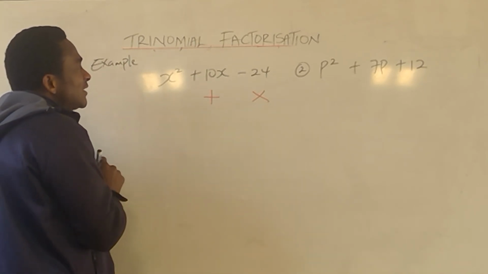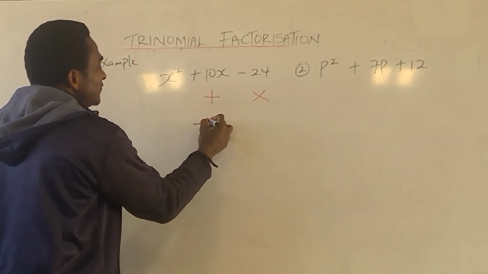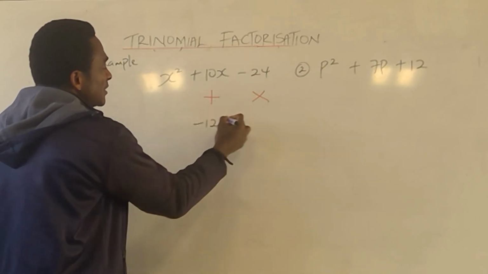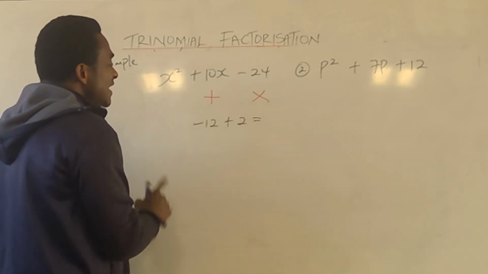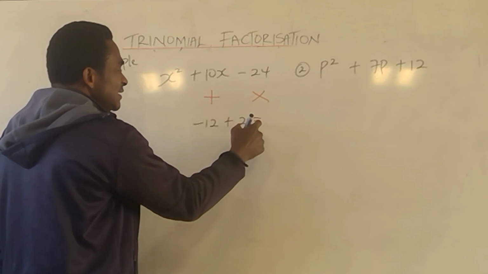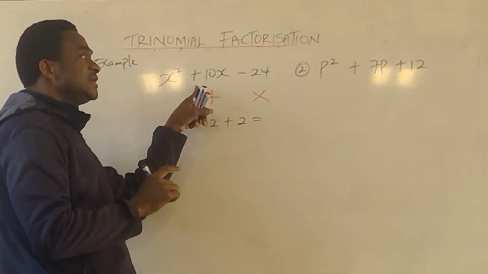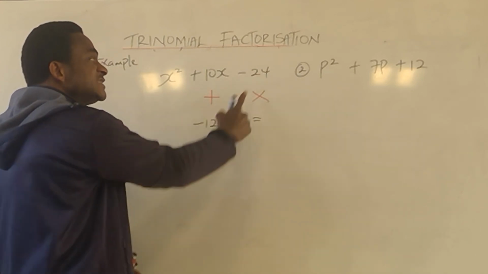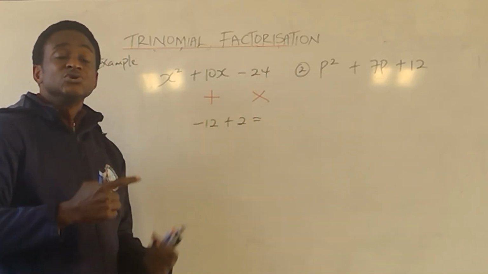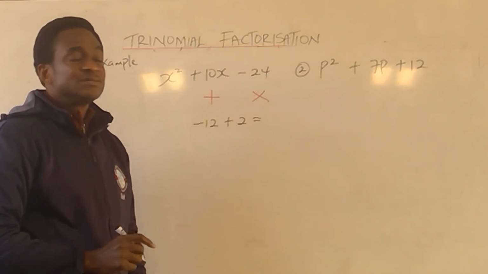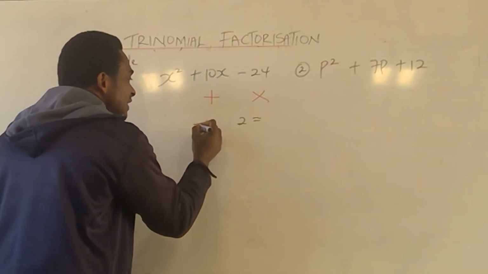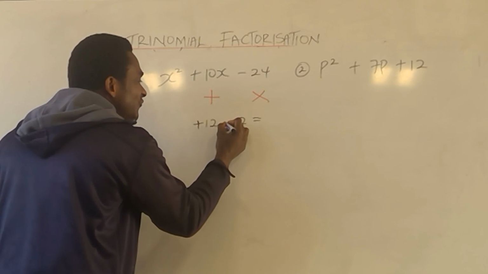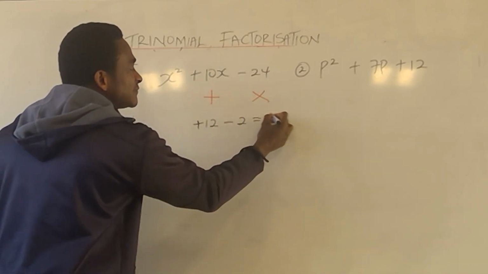So let's look at another number. If we look at negative 12 plus 2, negative 12 plus 2 will give me negative 10. It's not what we have here. Negative 12 times 2 will give me negative 24. It satisfied one of the conditions, so it is still not valid. So let's change this now. 12 minus 2 will give me 10.